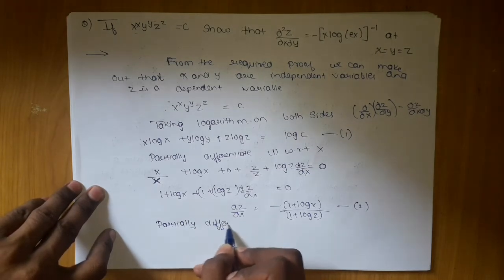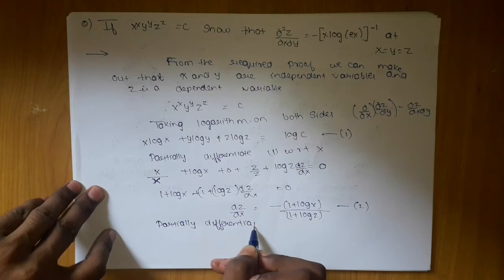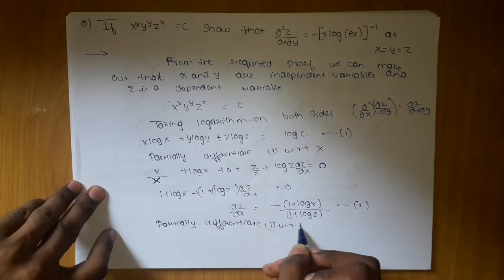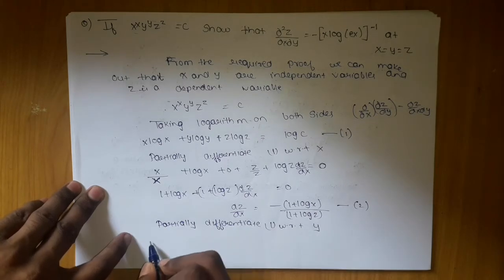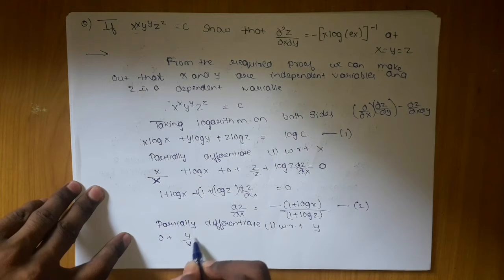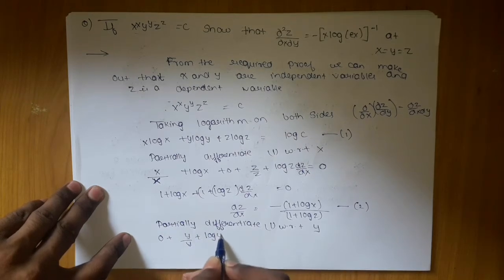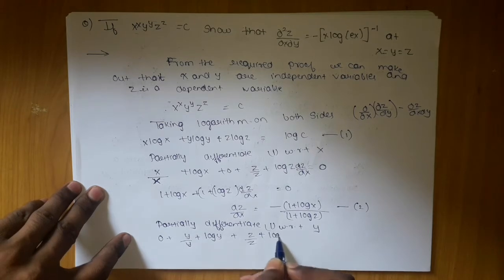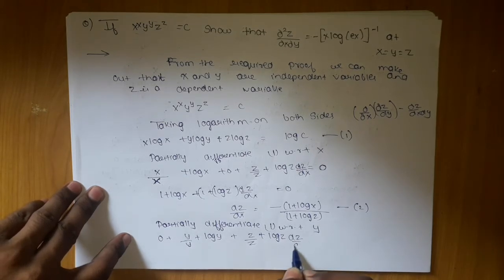Now what we are going to do, partially differentiate 1 with respect to y. We are going to get, this will become 0, this will become y by y plus log y. Similarly here it will be z by z plus log z into dz by dy.